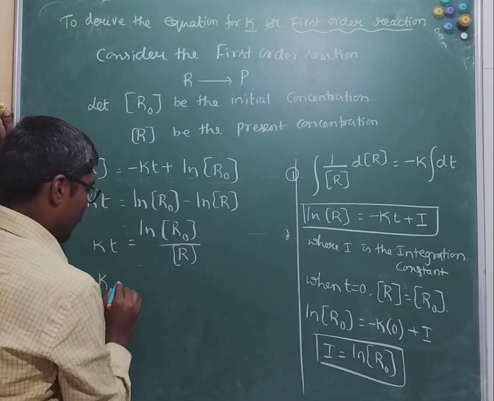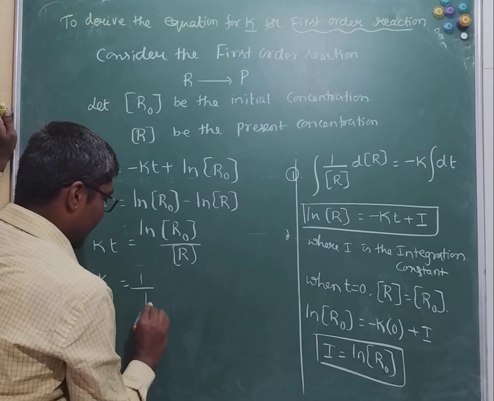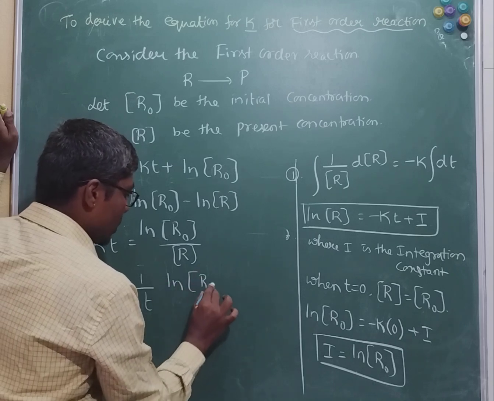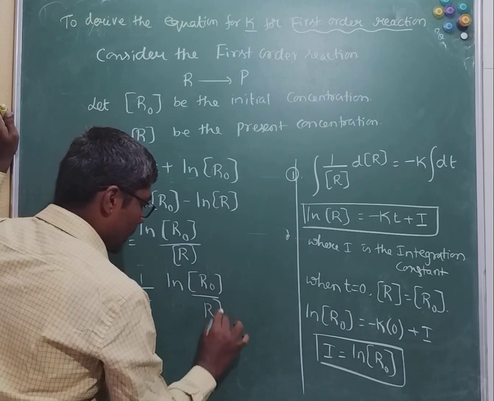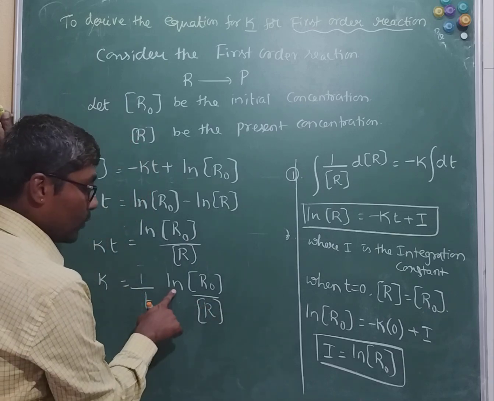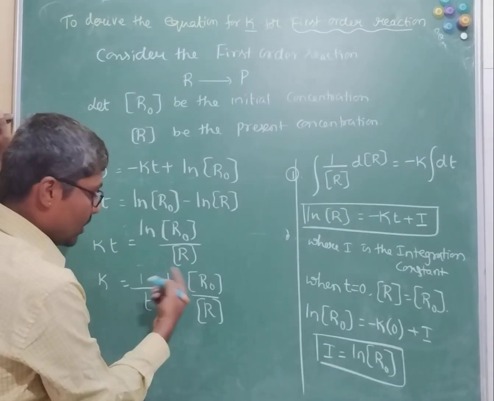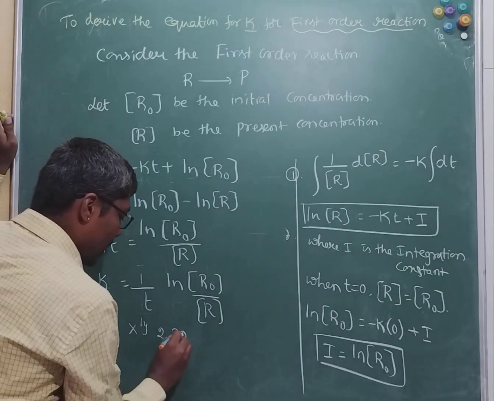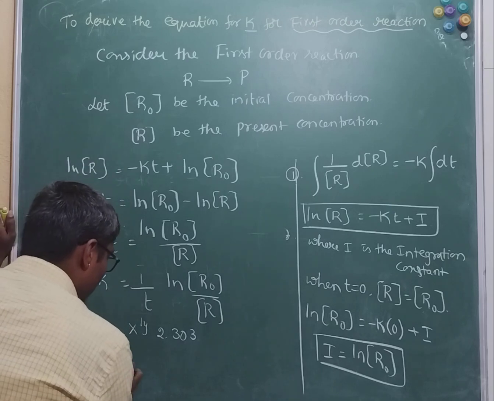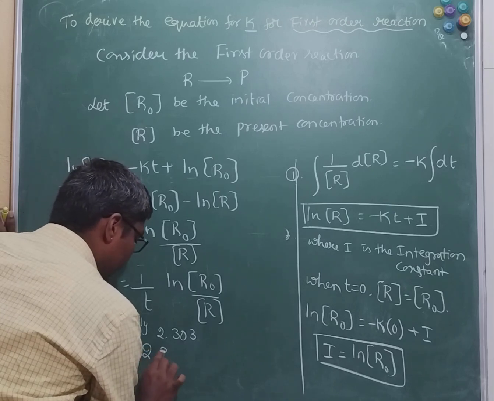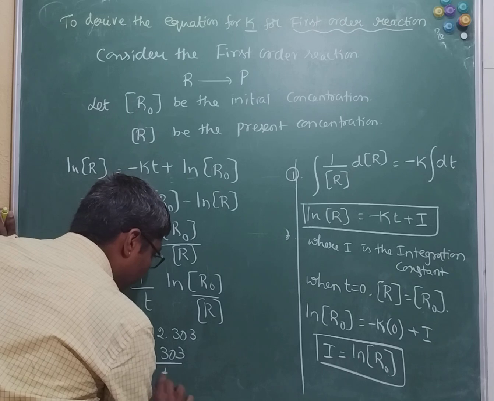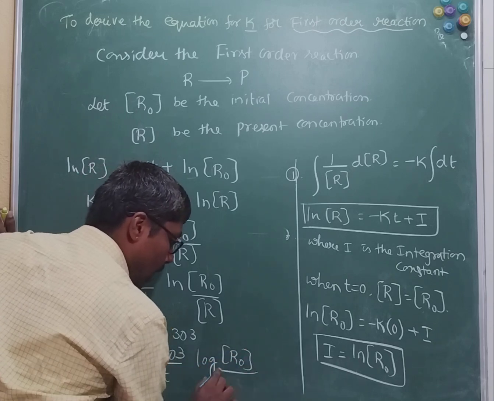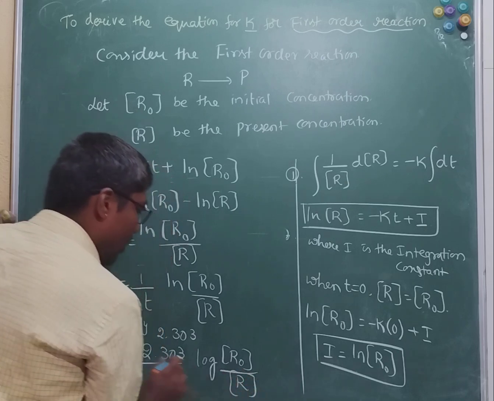I want the value of K, so K is 1 by t into ln of R naught by R. To convert the ln into base 10, we multiply by 2.303. The K value is 2.303 by t into log of concentration R naught by concentration of R.